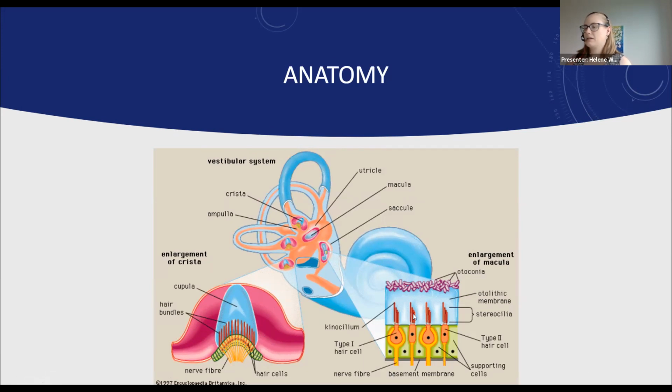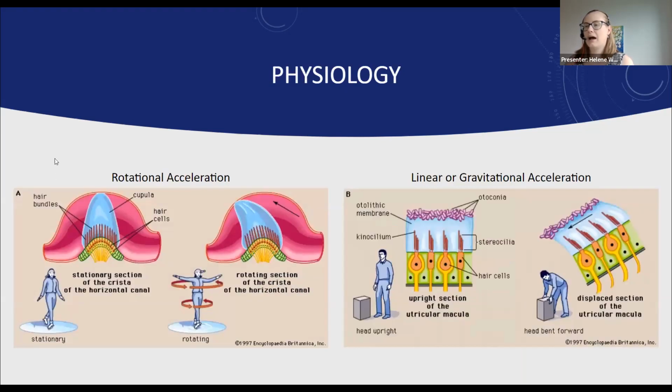The main difference would be the presence of these otoconia at the top of the macula within the otolithic organs, and that will become more important as we talk about different pathologies and what might be happening for some conditions.